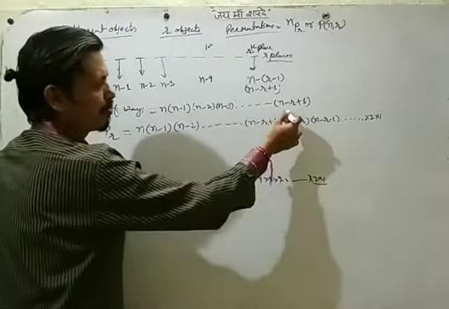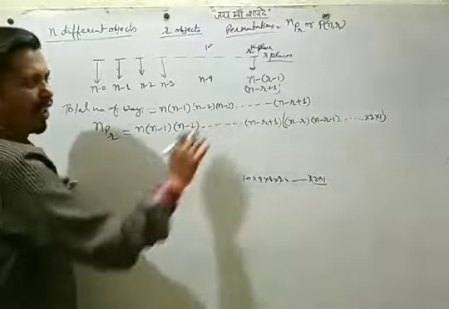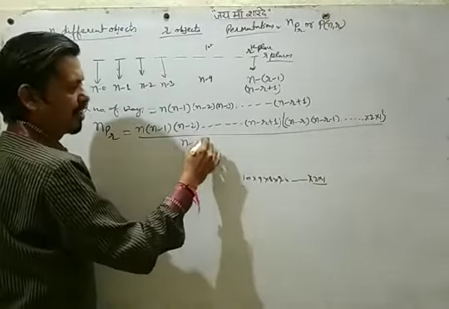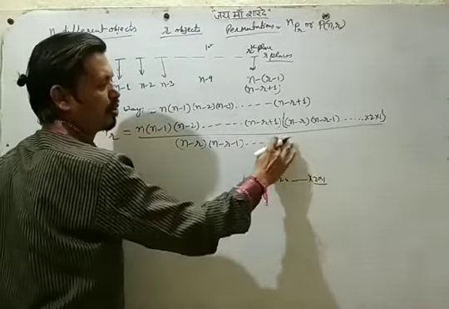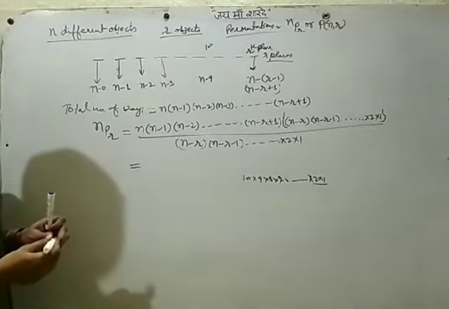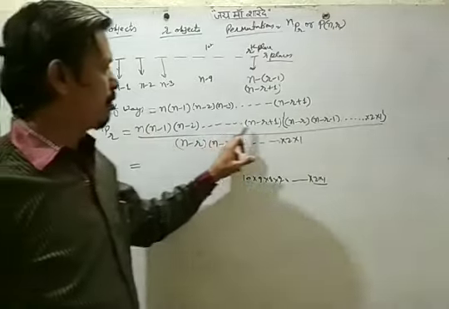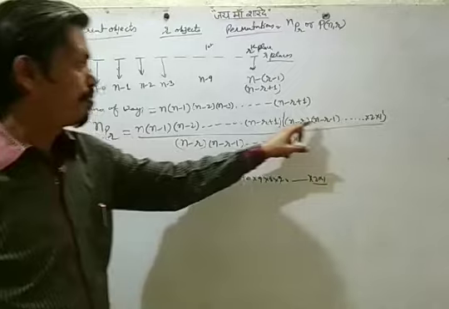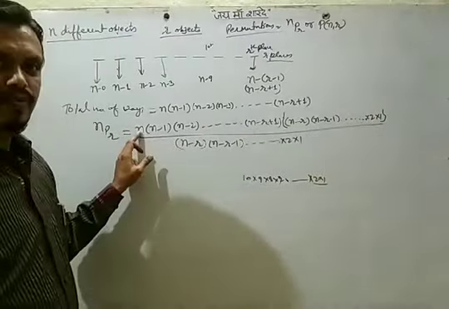Means what we are doing here? This part we are multiplying, and so we divide also by n minus r into n minus r minus 1 up to 2 into 1. Okay? Now if we see this, n into n minus 1 into n minus 2 up to 1 is a continued product from 1 to n.